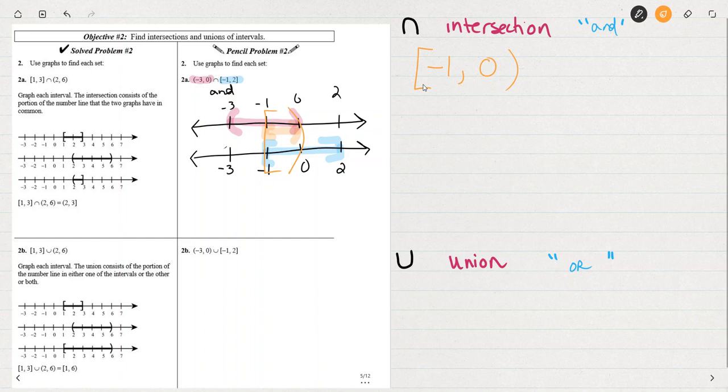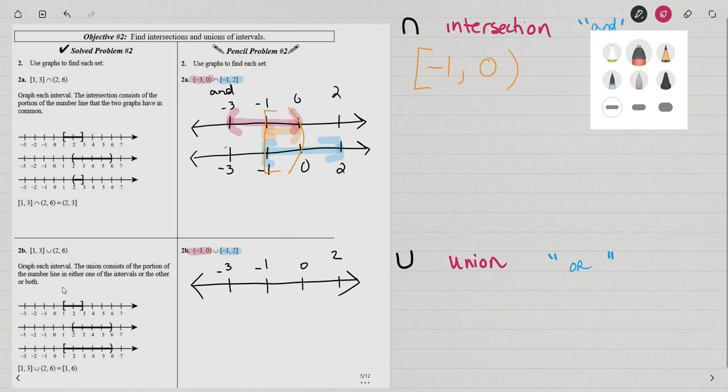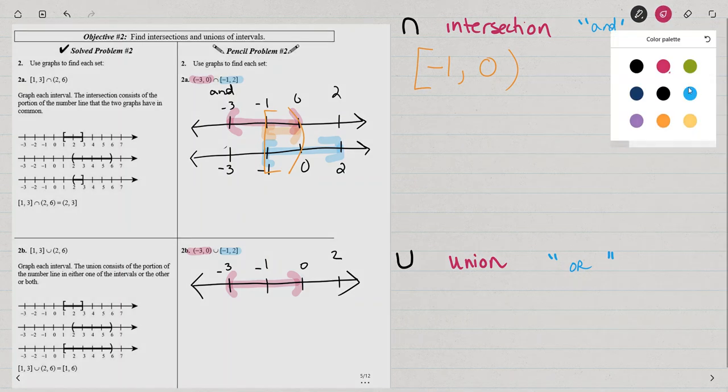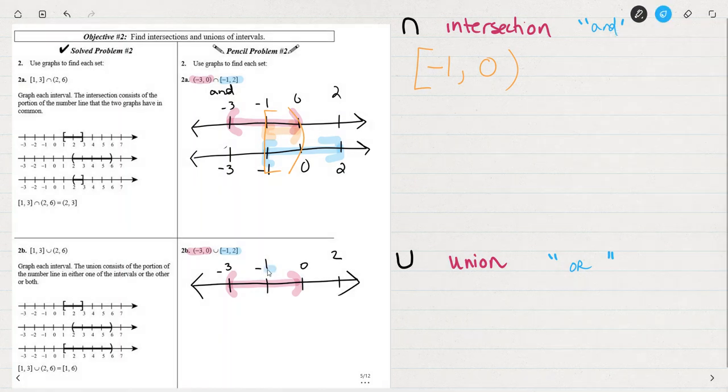Let's try another one. -3, 0. For this one, I'm going to try showing this on one number line. But if we went from -3 to 0, excluding both the -3 and the 0, or -1 to 2, including the -1 and the 2.